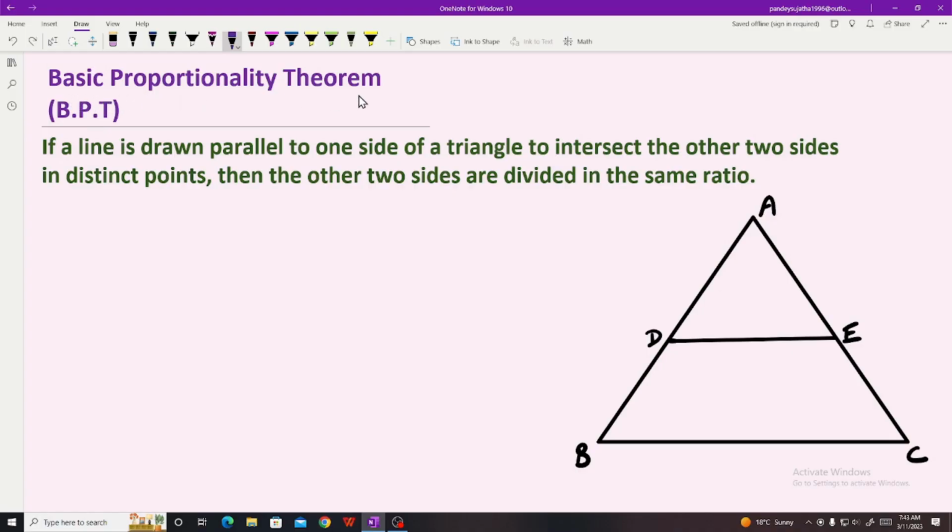Basic proportionality theorem is also known as Thales theorem. In short, we say this theorem as BPT theorem.